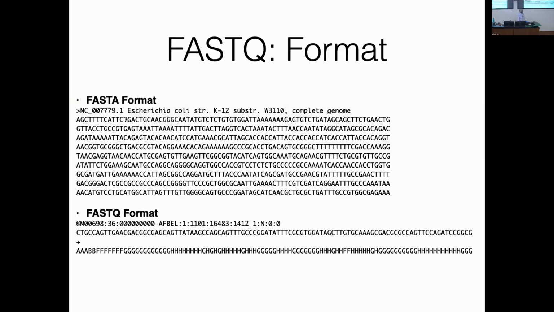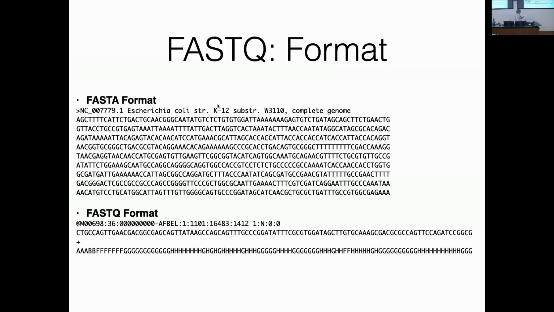So for a FASTA file, the header is right here at the top, and then there's sequence after it. You can have what's called a multi-FASTA file, which means you would have another header further down here, and then more sequence. The structure of the header is actually pretty simple. The requirement is just that it has this greater than sign here.